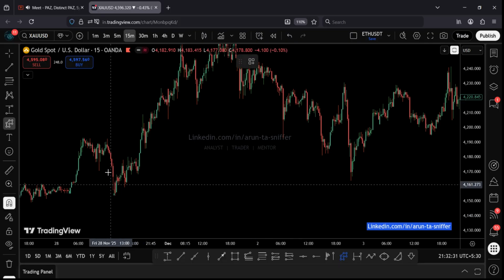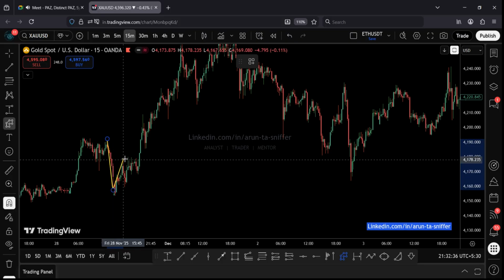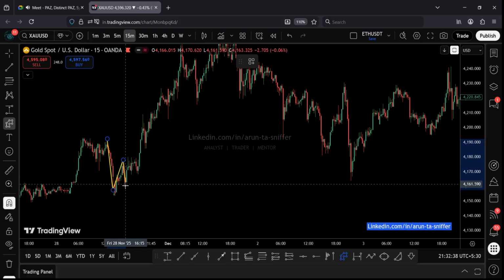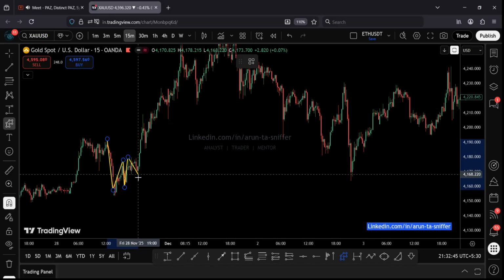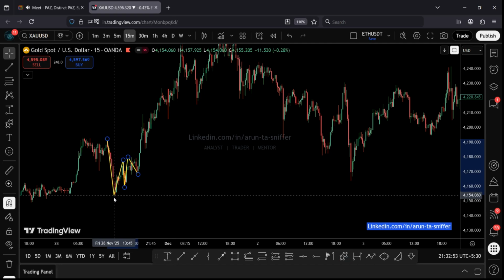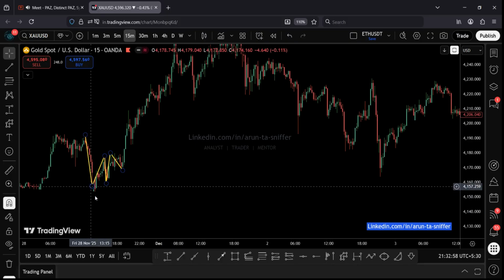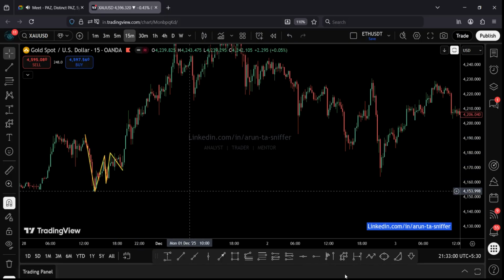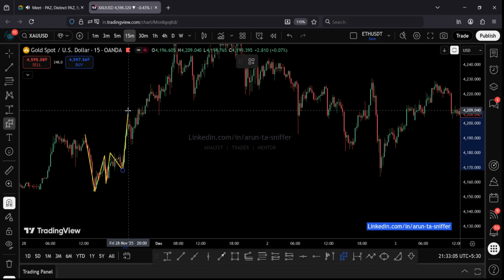Price goes up like this, comes down, goes up, comes down, goes up, like this, and then goes up.